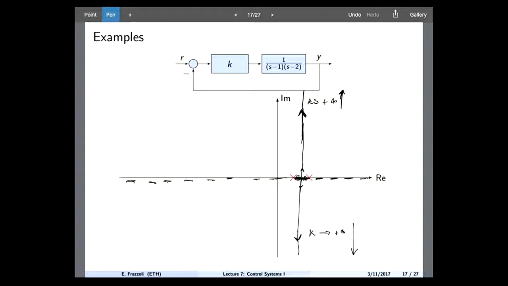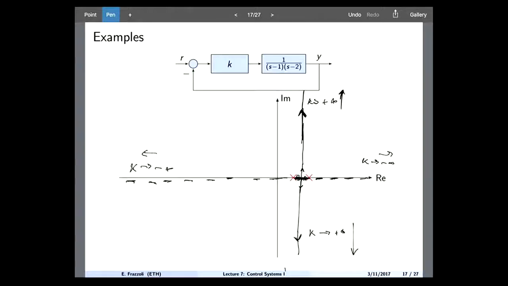What happens for negative values of k? With 1 asymptote, we now have 360 degrees divided by 2. So what we get is 180 degrees, okay? So for k going to negative infinity, you will go this way. For k going to negative infinity, you will go this way.